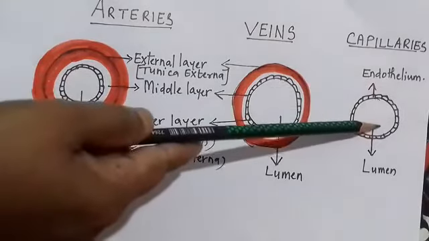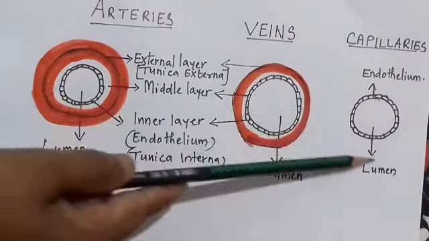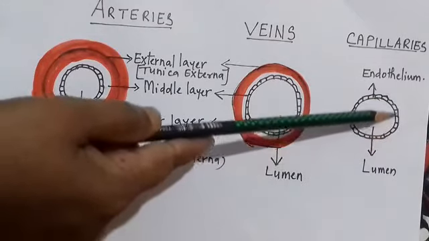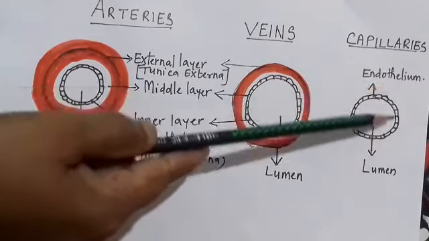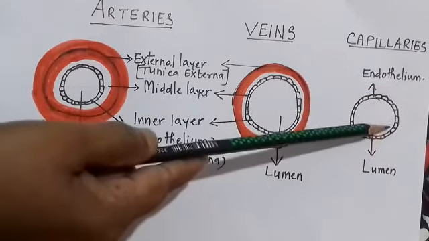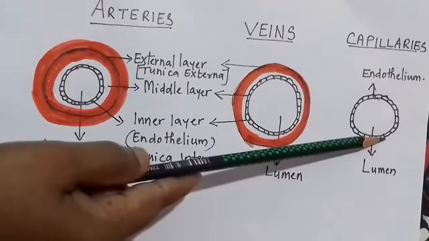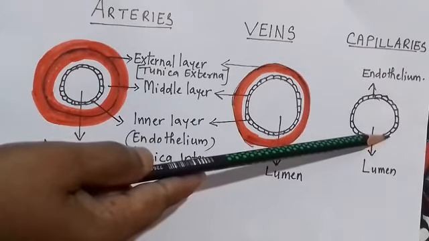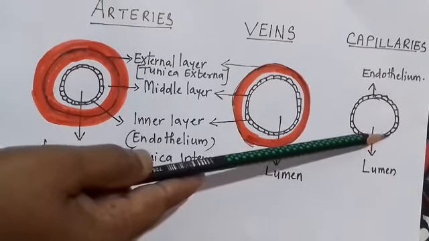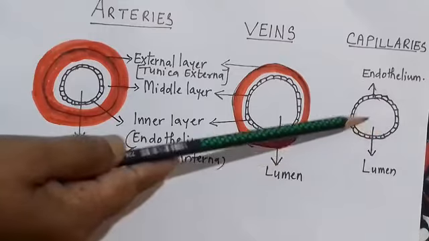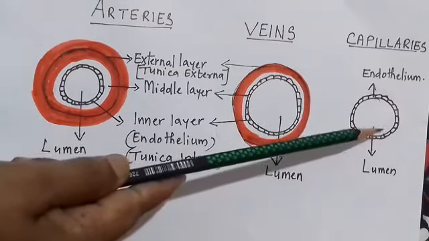Capillaries are made up of only one layer of endothelium. This single layered epithelial cell lining of the blood vessel is known as endothelium, and hence diffusion of these substances is very easy. The capillaries have the power of dilating and contracting. The contraction phase is known as vasoconstriction, and the dilating phase is known as vasodilation.